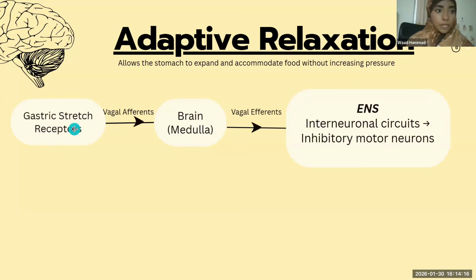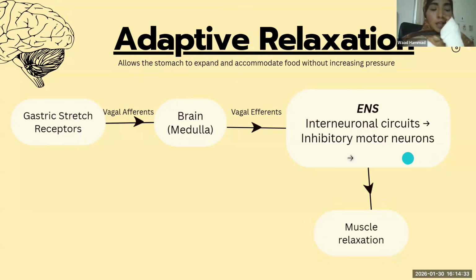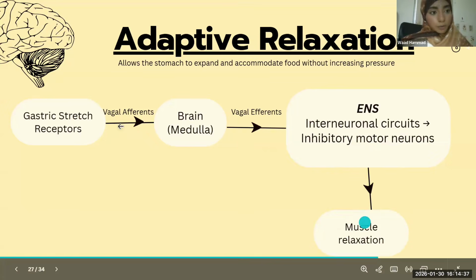So just to recap, stretch in our stomach stimulates the gastric stretch receptors. This goes all the way to our brain. The brain sends signals through the efferents to the enteric nervous system to activate the inhibitory motor neurons. And as we mentioned many times before, inhibitory motor neurons release VIP and nitric oxide to cause muscle relaxation.